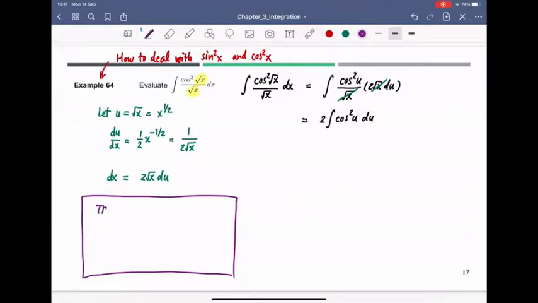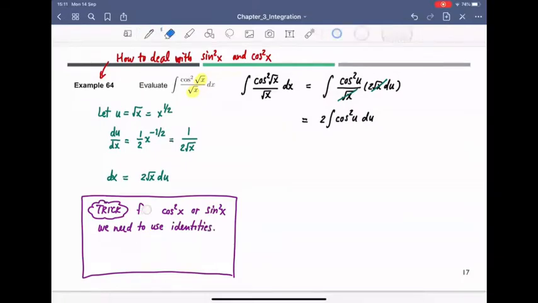This is the trick that you have to use all the time, even after the midterm. When you face cosine square or sine square, we need to use identities. You have no choice.